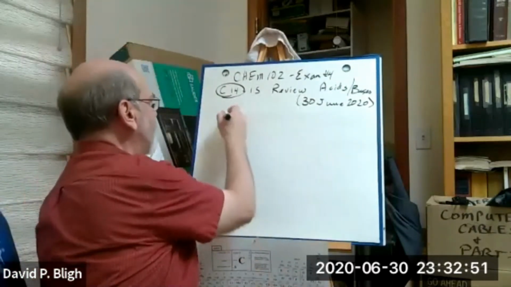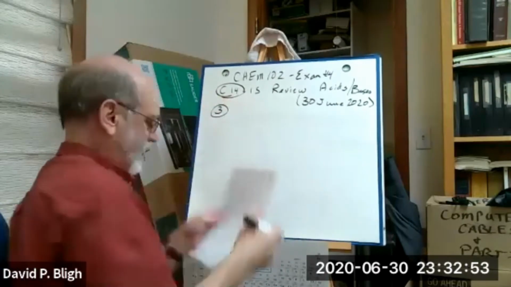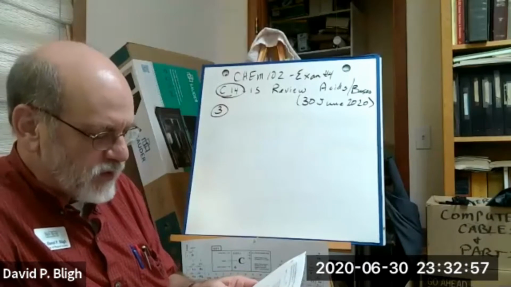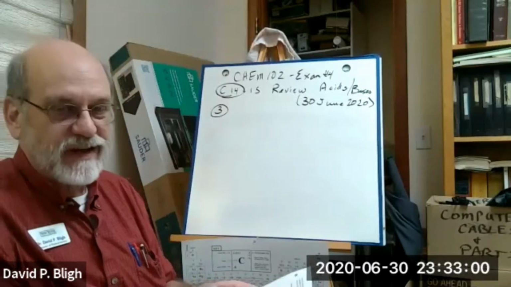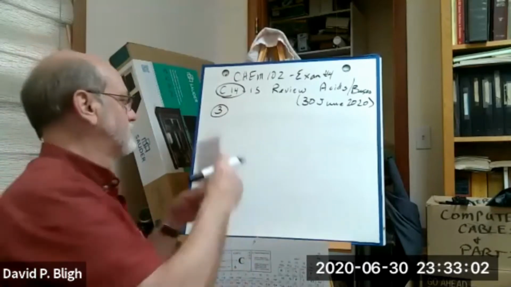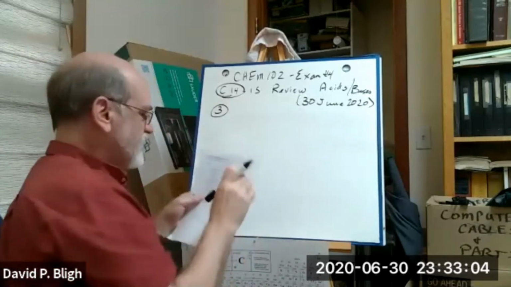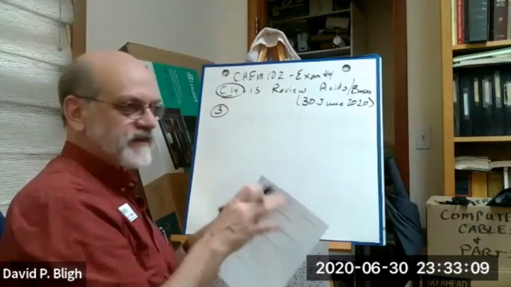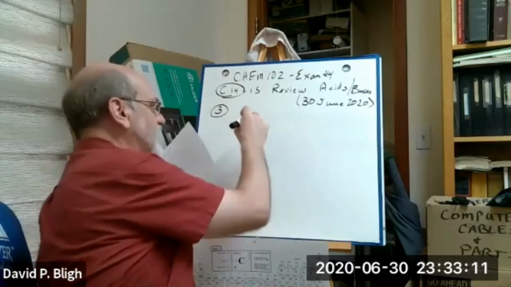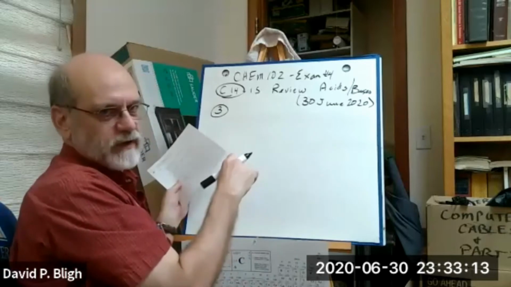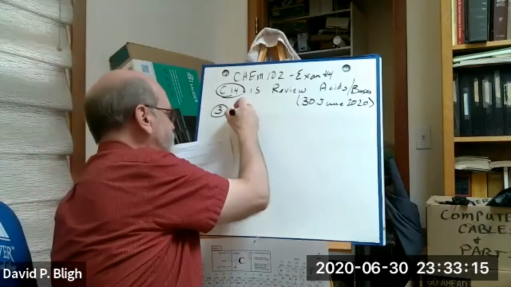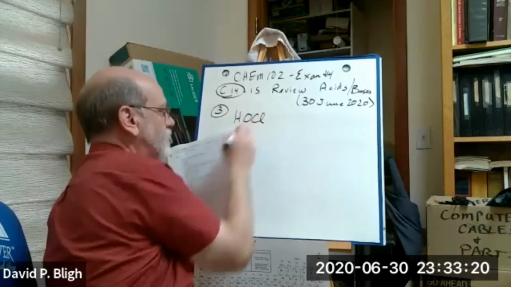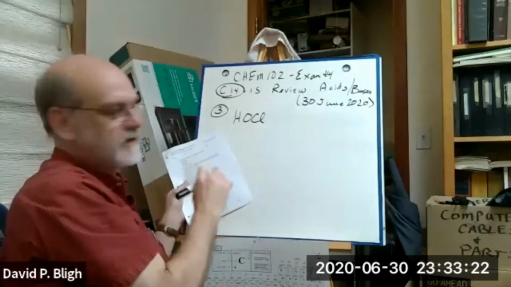Number 3. Number 3 says, which of the following is the equilibrium constant expression for the dissociation of the weak acid HOCl? So if it says equilibrium constant expression for the dissociation, that typically means don't put the water in there. So this one is what? Hypochlorous acid.